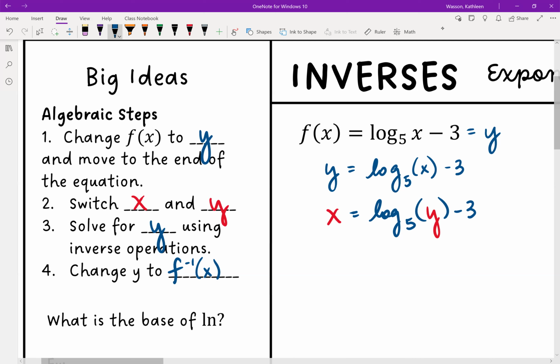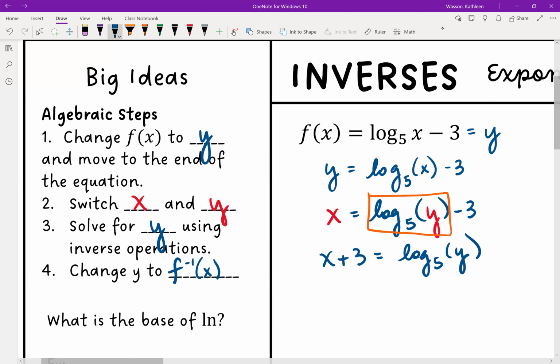To follow through these steps for the problem I just started, I have x equals log base 5 of y minus 3. Trying to solve for y, so I do need to isolate this part. I will add 3 to both sides of the equation, which gives me x plus 3 equals log base 5 of y.